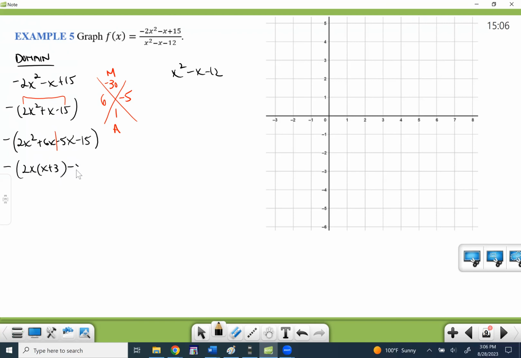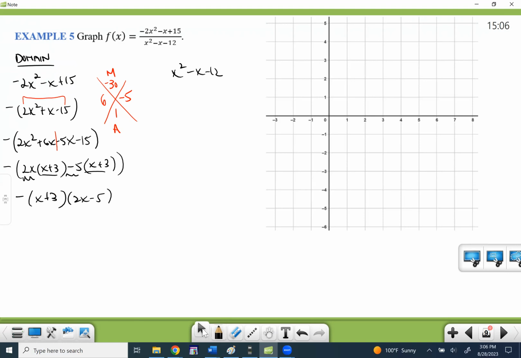I'm going to take out a negative 5, which will change the sign here. The thing that shows up twice, that's going to be one of them, and the leftovers is the other. Great. So then that's the top.